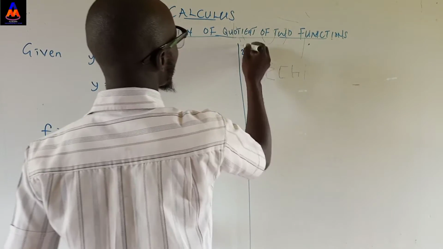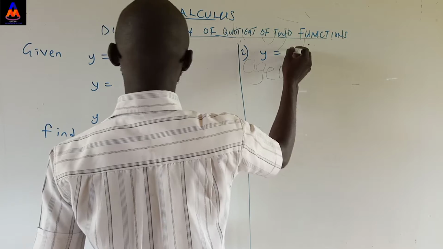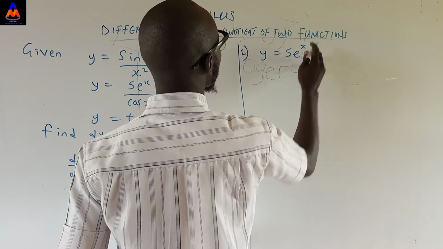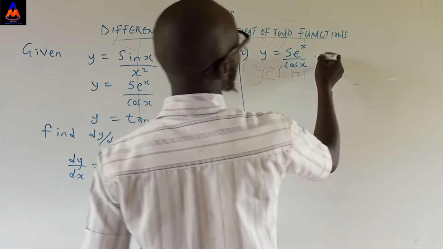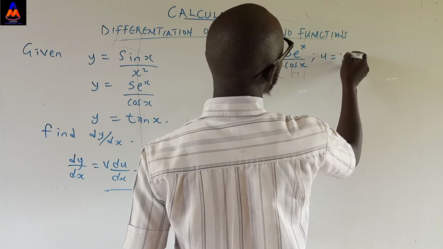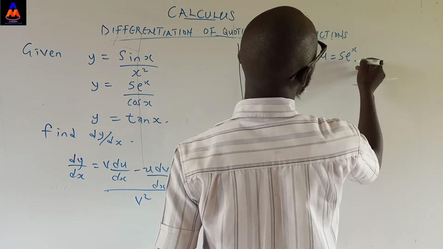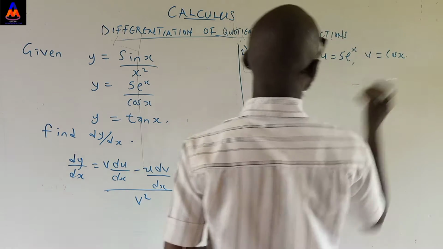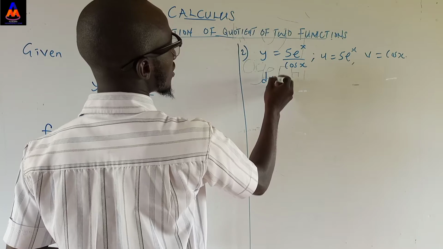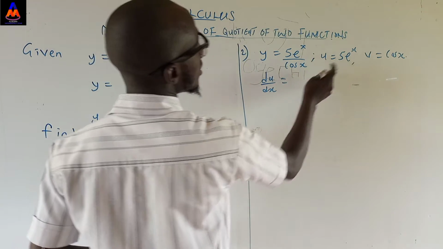all over v squared. So solving the second example, example 2, we have y equals 5 exponential x all over cos x. So my u is 5 exponential x, then my v is cos x. So we need our du/dx.